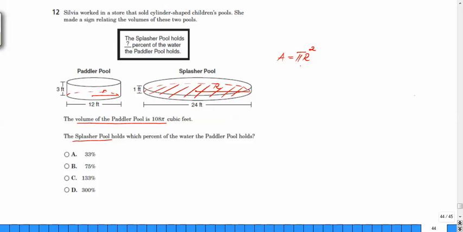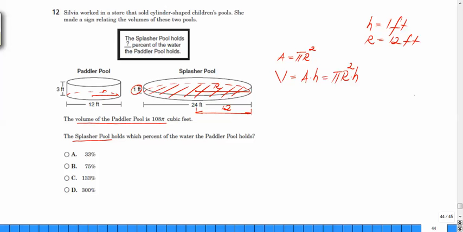Now, because I know the area, to find the volume I need to multiply the area of my base times the height of my cylinder, and this will give you pi r squared times height. Okay, but we know the height, your h for this problem, is 1 foot. I know the radius of this pool here, because that will be half of its diameter, which is 24. It means the radius is actually 12 feet.